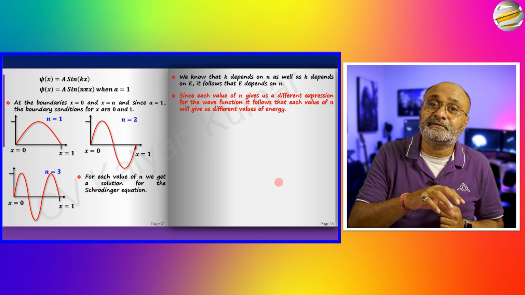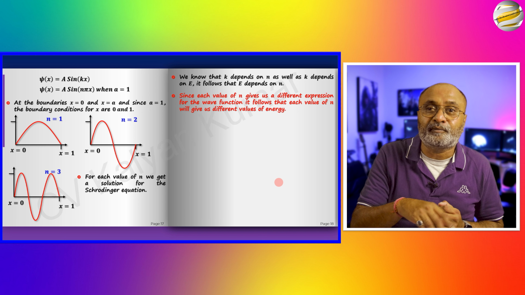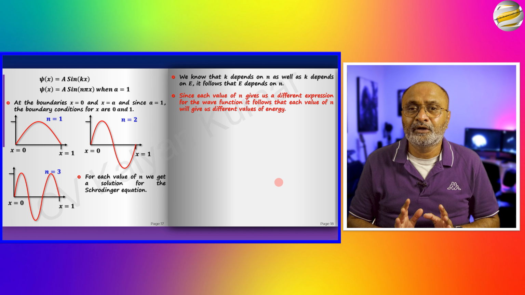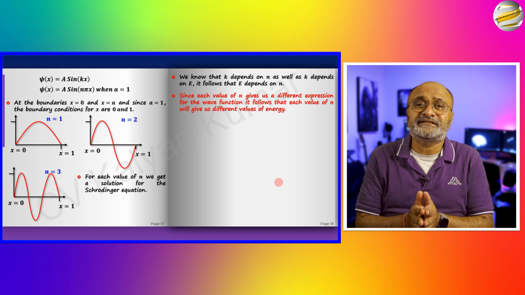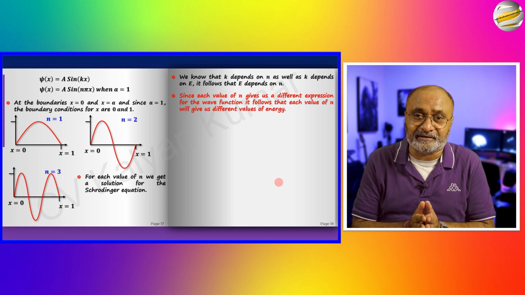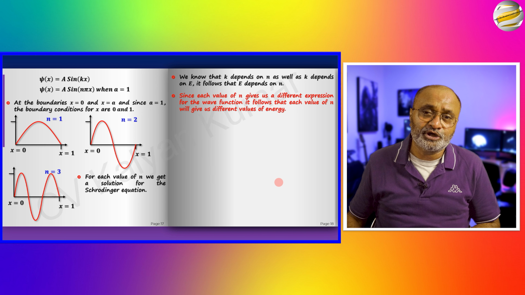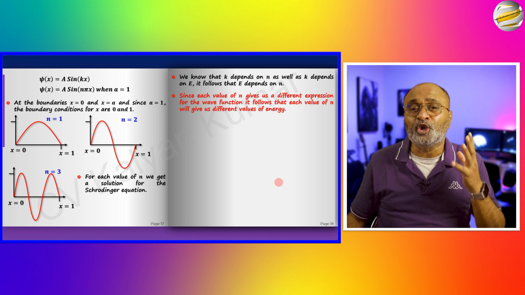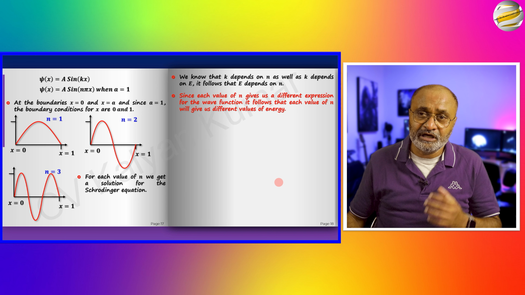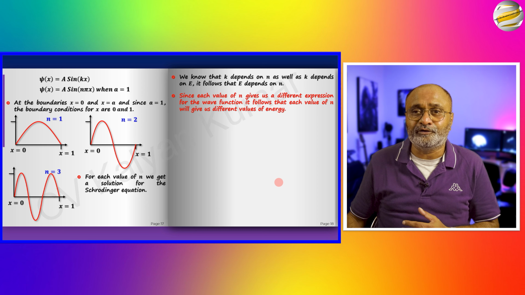But the sum of all the probability has to be 1. So the second condition we put is that the probability of finding the particle in the entire space should be 1. And that is what normalization is all about. So let's put that and get the value of a.